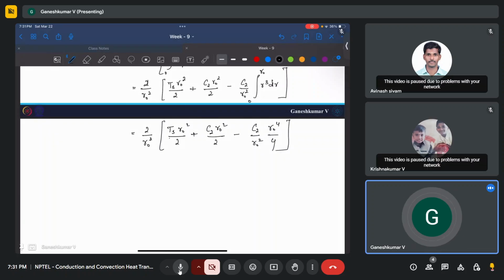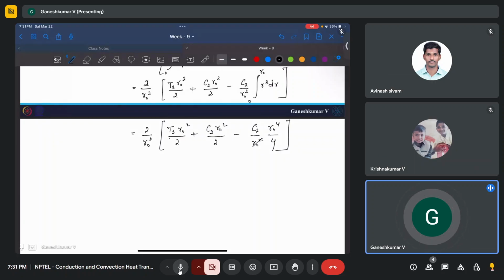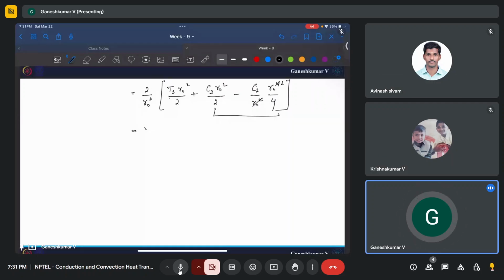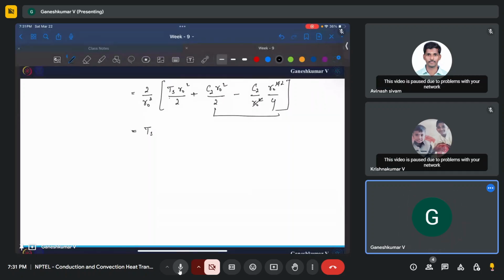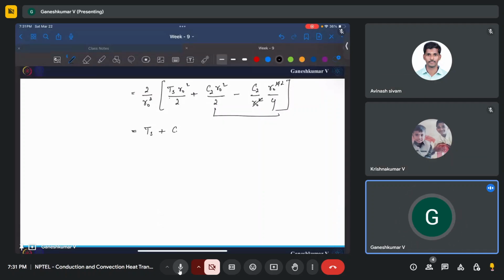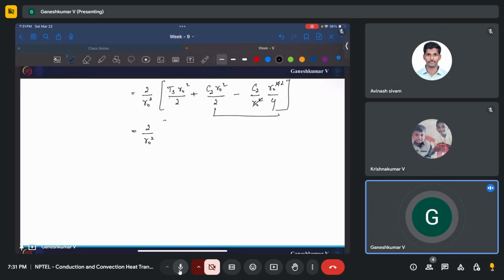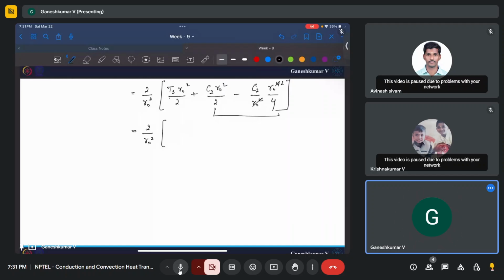So you can cancel this, then it becomes C2 R naught square by 4, and you can couple these two, it becomes C2 R naught square by 4. So let me write this down, and then you can take the 2 by R naught square inside. Maybe I will take one step ahead: 2 by R naught square into Ts R naught square by 2 plus C2 R naught square by 4.